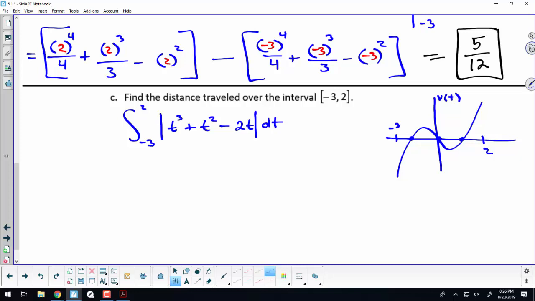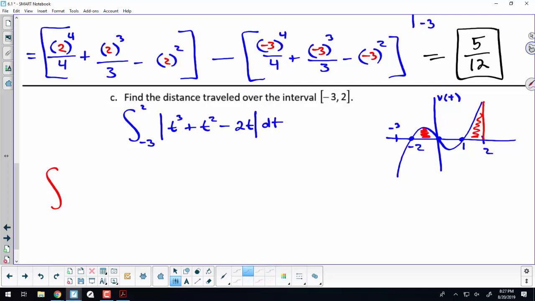So the areas that are above the x-axis, or sorry, the t-axis, this area here and this area here, that's fine. We just leave them alone because they're positive. So that's the integral from, let me label these, this was -2, that was 0, and this was 1.